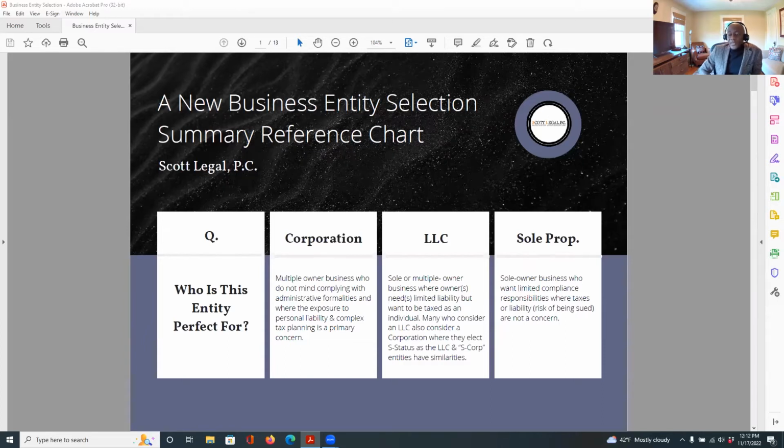So, for example, when I started my entity, Scott Legal PC, so you'll see it's a professional corporation. We're going to talk about why there's a P in front of them there instead of just Inc. or incorporated. But when I started, I did go back and forth with respect to whether or not I should set up a corporation or an LLC.